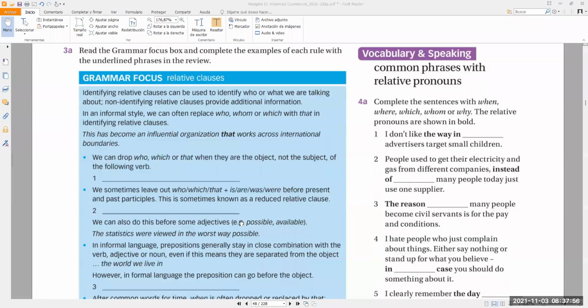So guys, the very first example they describe here is that we can drop who, so we can eliminate who or which or that when they are the object and not the subject of the following verb. So remember that when we refer to the object, we are referring to that thing or person that complements the key verb of the clause.